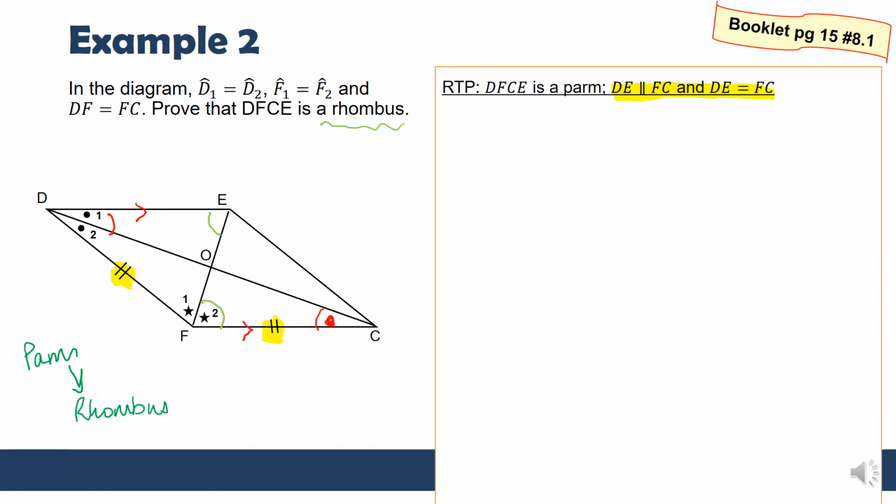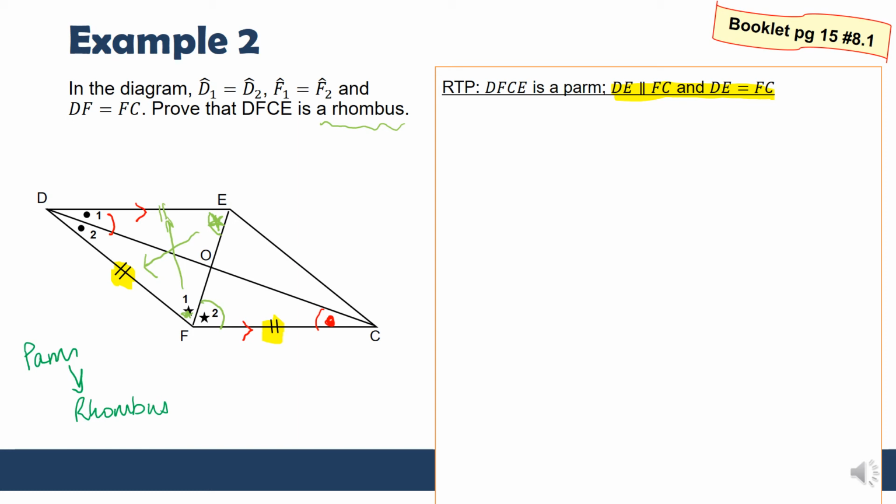That means that F2 DEF, I can put the star there because those are equal, but I also have a star on F1. So that means that triangle DEF is also an isosceles triangle, and by sides opposite equal angles, I have DE equal.